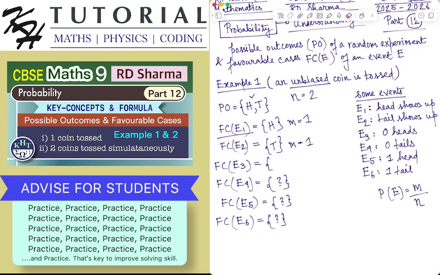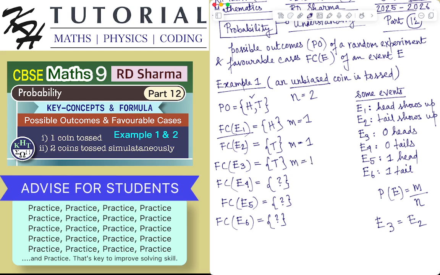Event E3 says 0 heads. Now 0 heads indirectly means one tail, so 0 heads means tail shows up. So actually event E3 is equal to event E2. They are the same identical events. So the favorable cases of event E3 will also be tail, and small m will be 1.